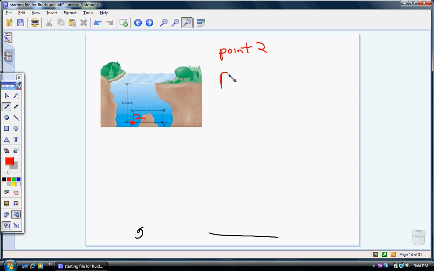We determine that the pressure at point 2 is equal to, anyone have that? Look back in your notes. 155,000 pascals. That's the absolute pressure down there, the actual pressure.